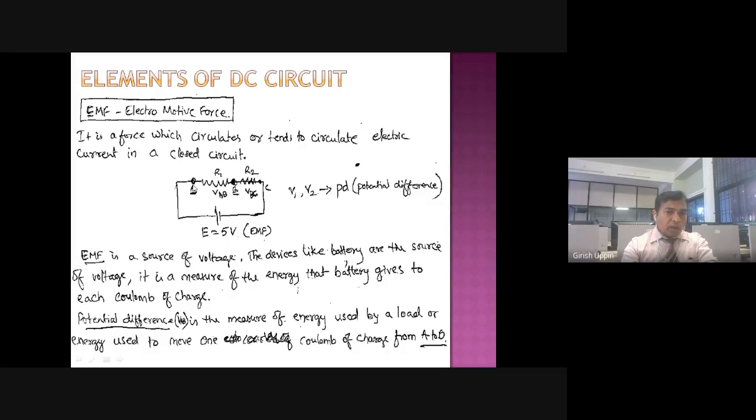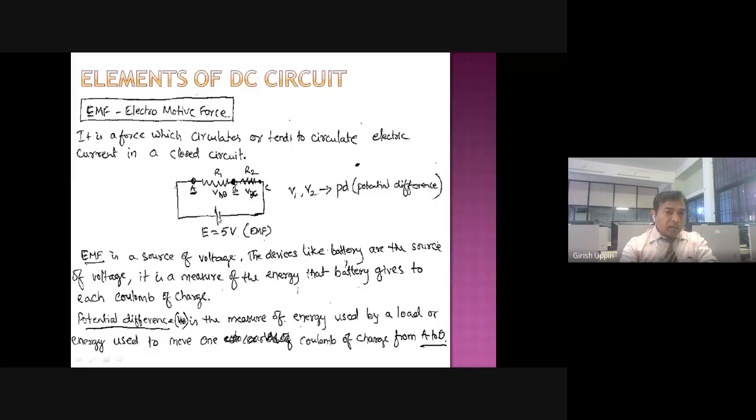This is node A, node B, and node C. Either you can call it voltage, EMF, or potential. That is 5 volt. So this particular EMF source is the source for which work has been done, and it has a potential of 5 volt.